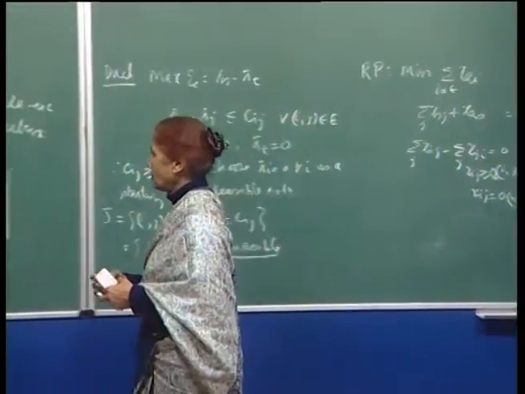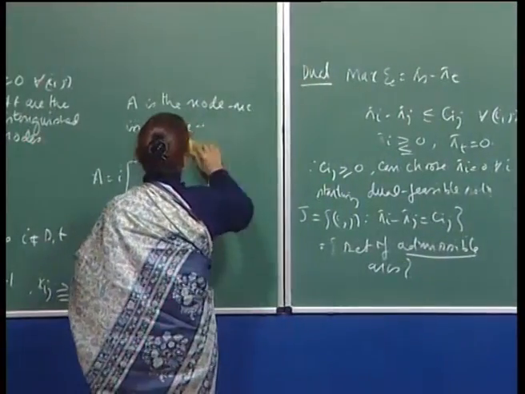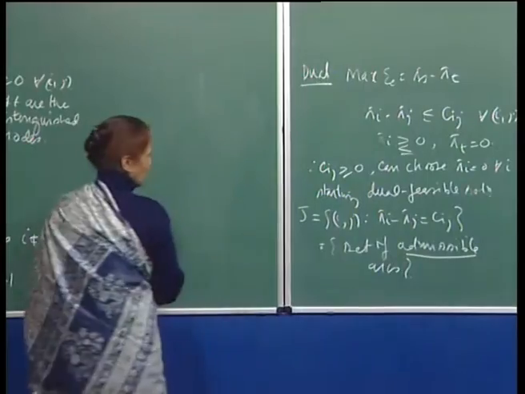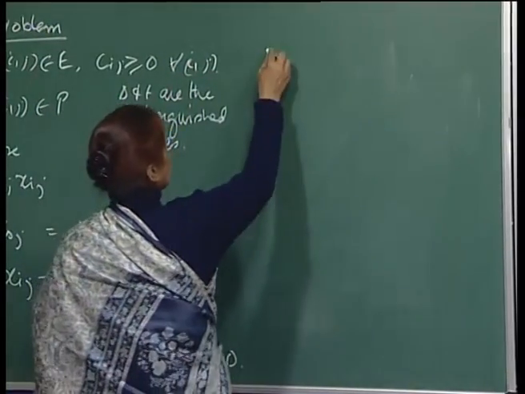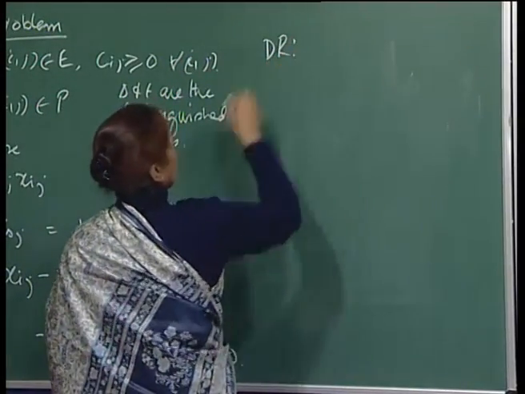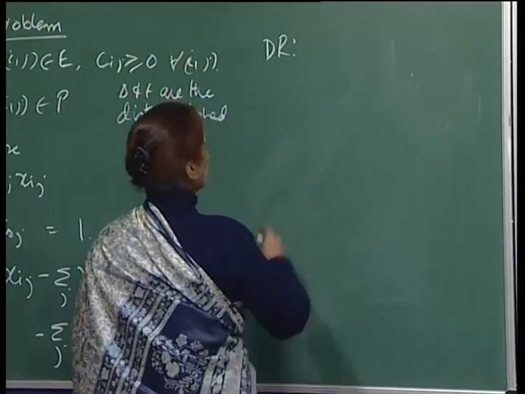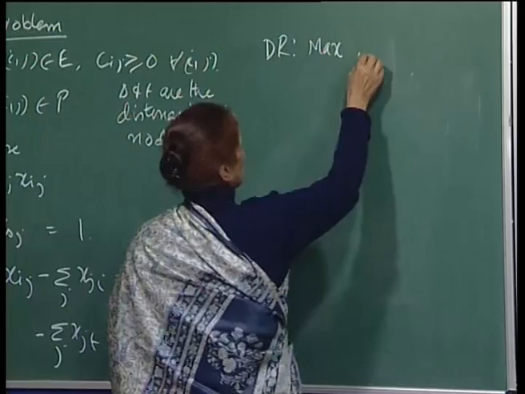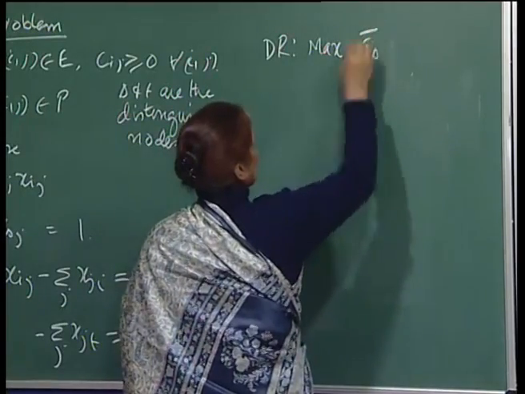So this restricted dual would be: maximize pi s bar.